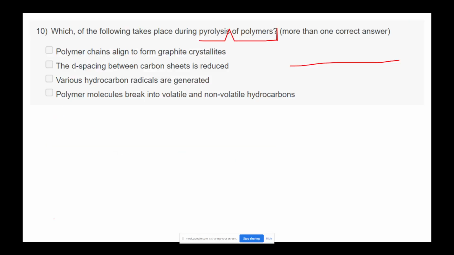Okay, so here you can see that during the pyrolysis of the polymer, what is happening here?